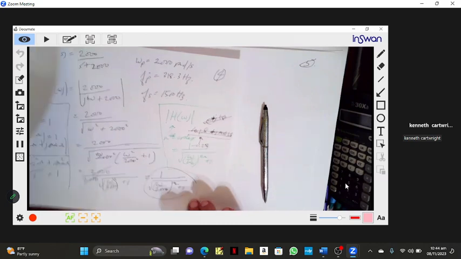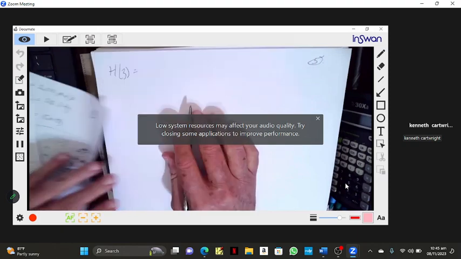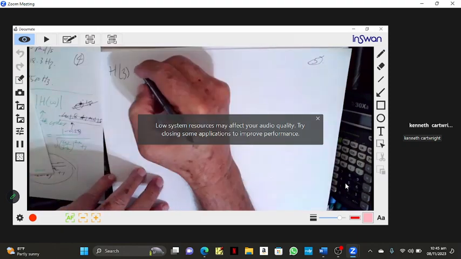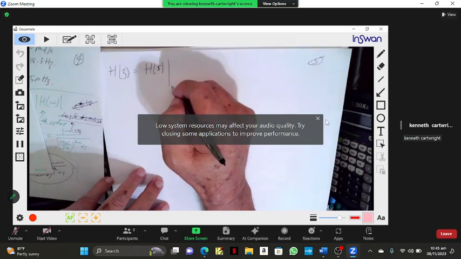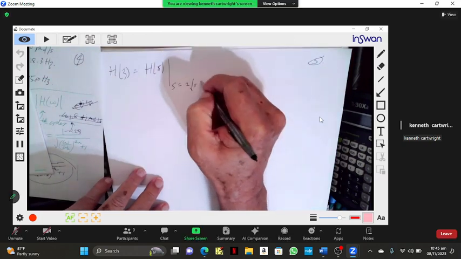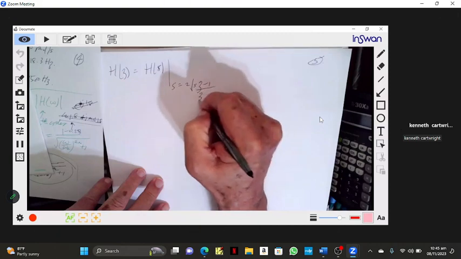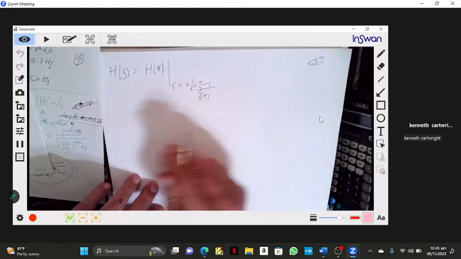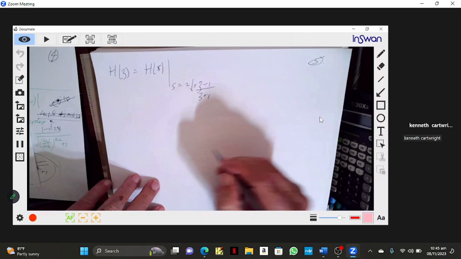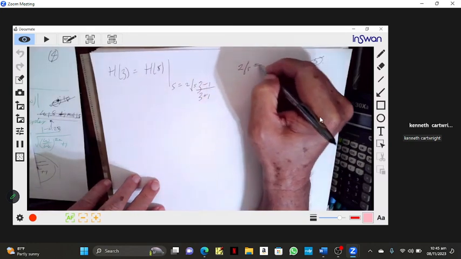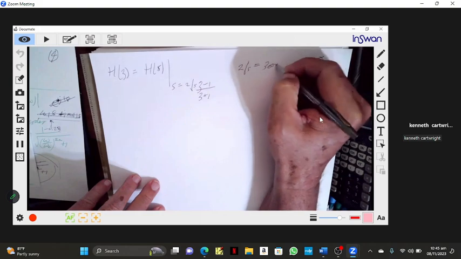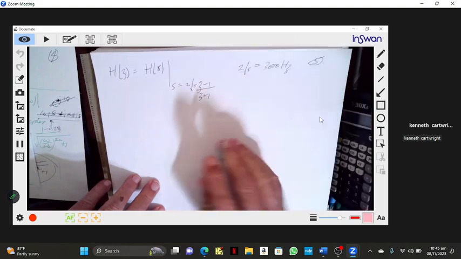So now we make H of Z. And how do we make H of Z? We take H of S and set S equals 2fs times Z minus 1 over Z plus 1. That's how we make H of Z. 2fs in this case is 3,000 hertz.